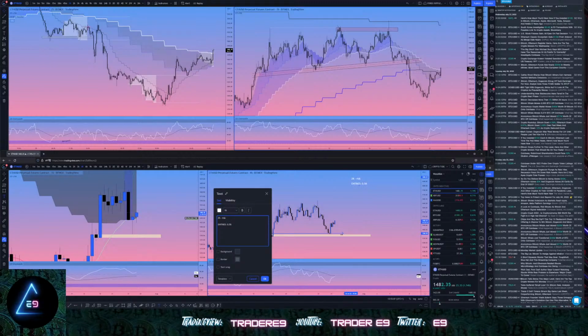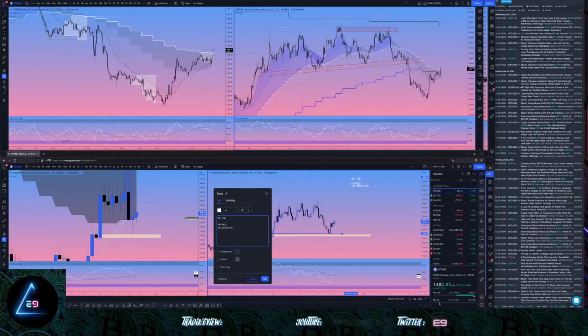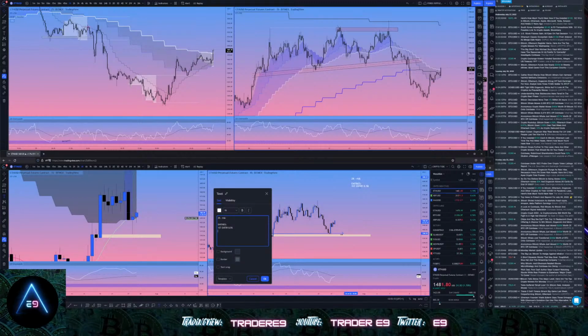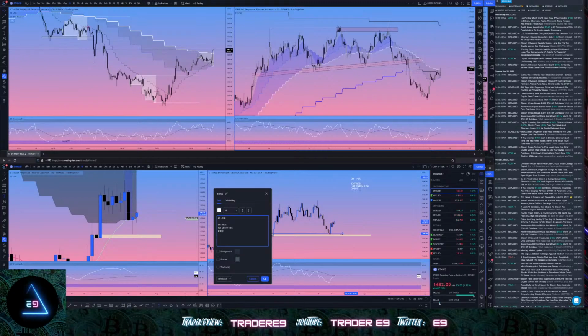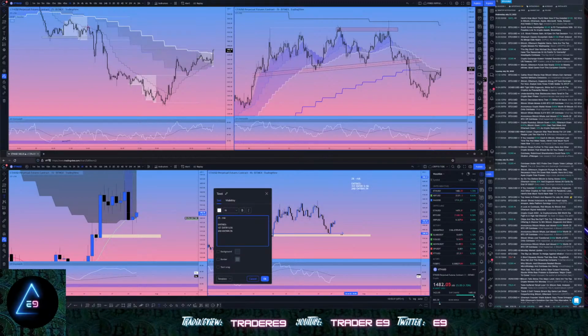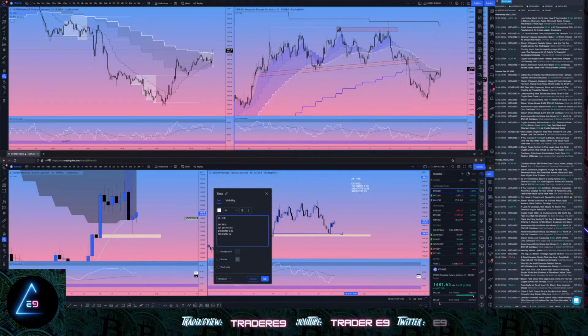First entry 0.5%, second entry 0.5% again, and then the third entry 1%.